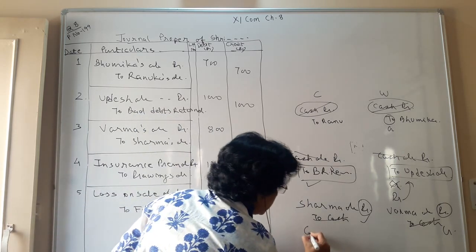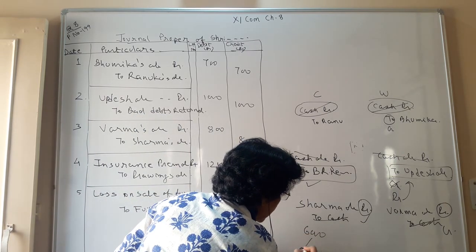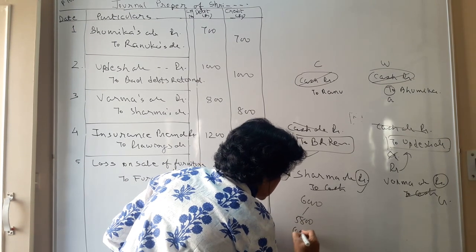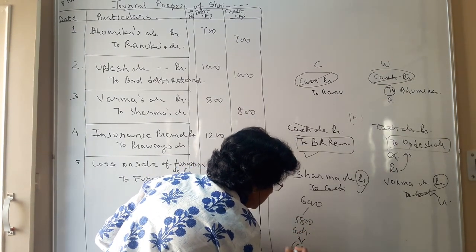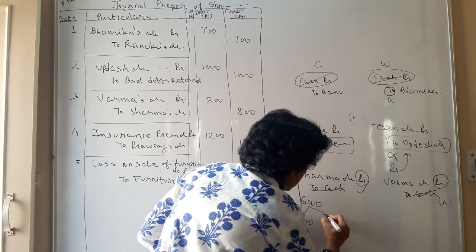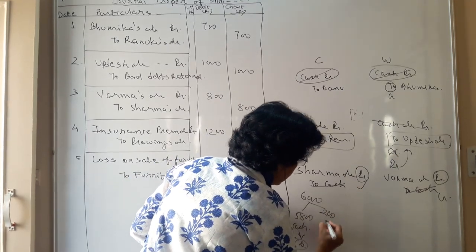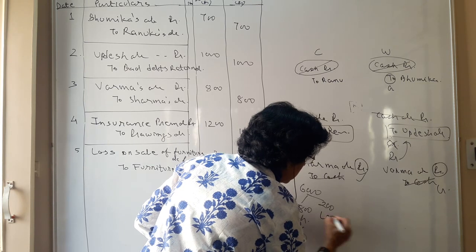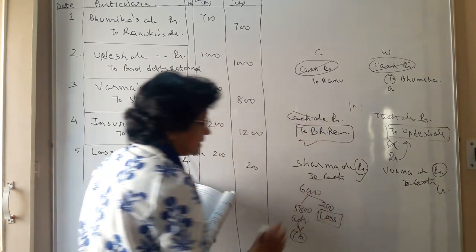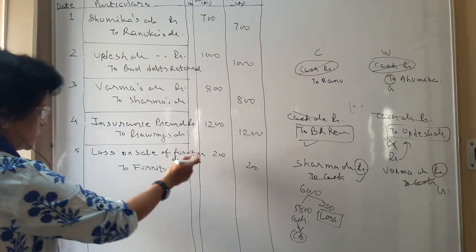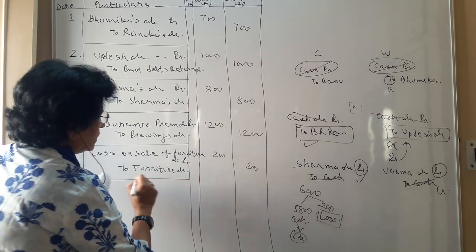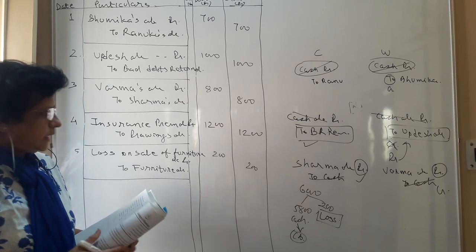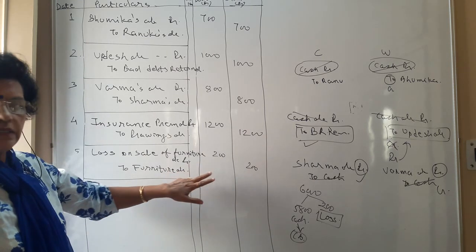Because out of total 6,000, 5,800 is cash. That will go to the cash book and is not to be recorded here. Only the loss, that 200, that loss is to be recorded in journal proper as a special transaction. So only loss we are recording, being journal entry for recording loss on sale of furniture.